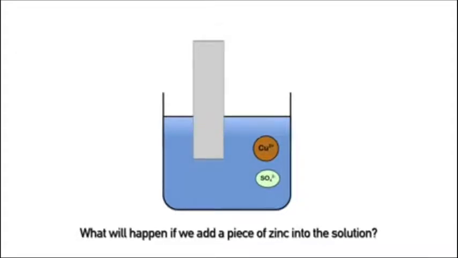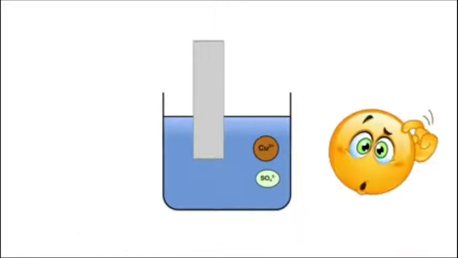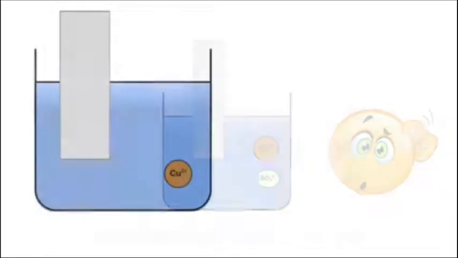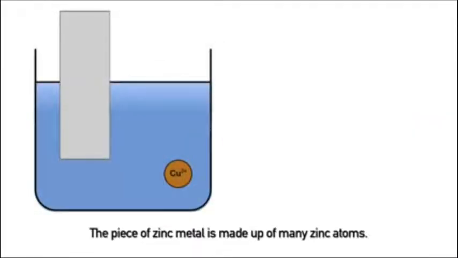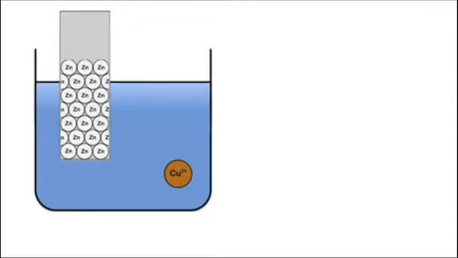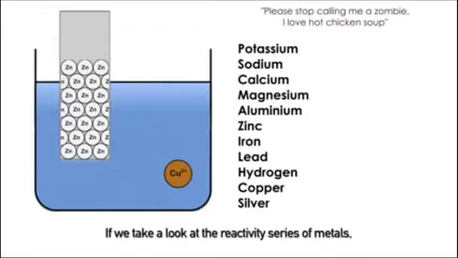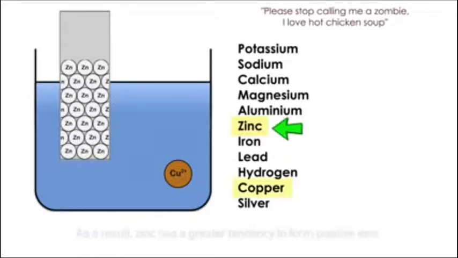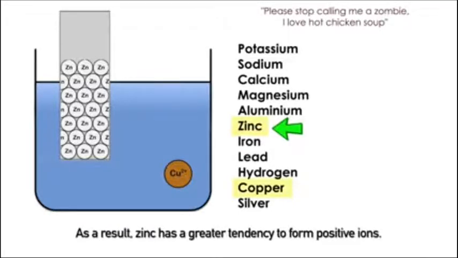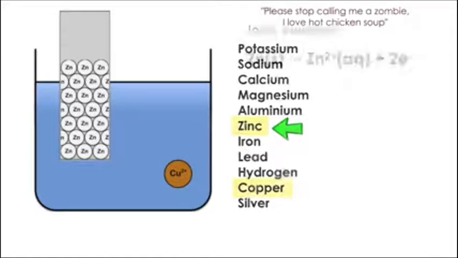So when you put a piece of zinc into the solution of copper sulfate, zinc metal is made up of many zinc atoms and they are packed regularly in a layer. If you see the reactivity series, zinc is more reactive compared with copper. Zinc has a greater tendency to form positive ions.